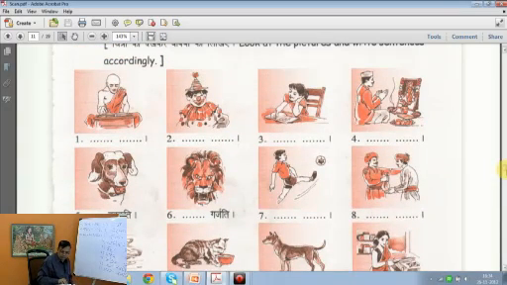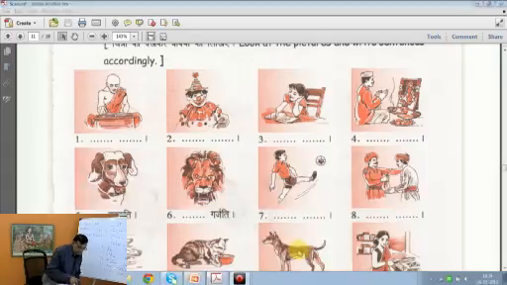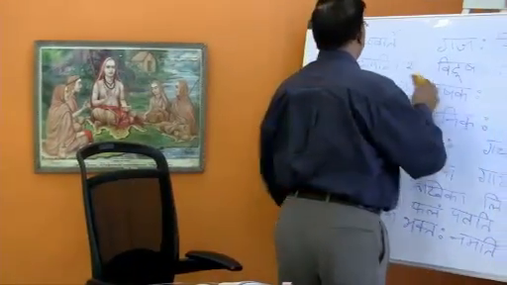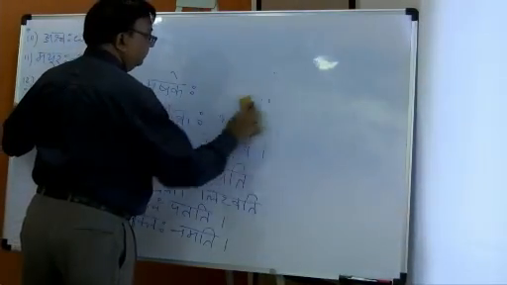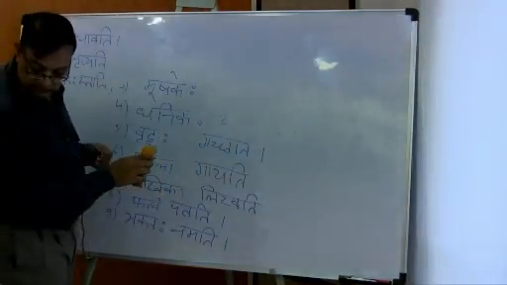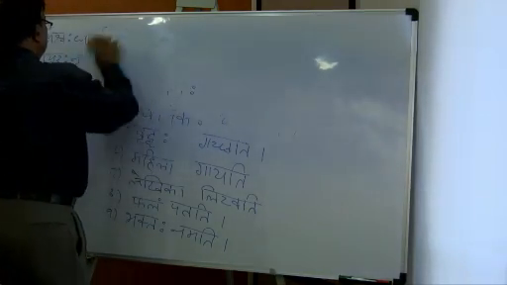Now we are writing. For the sake of the viewers, please tell me, write one after another. How many are there? 20. So I will write small.